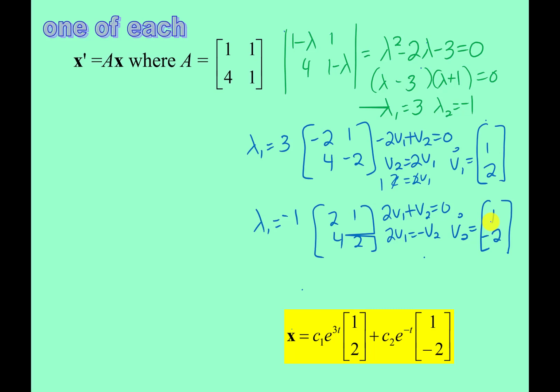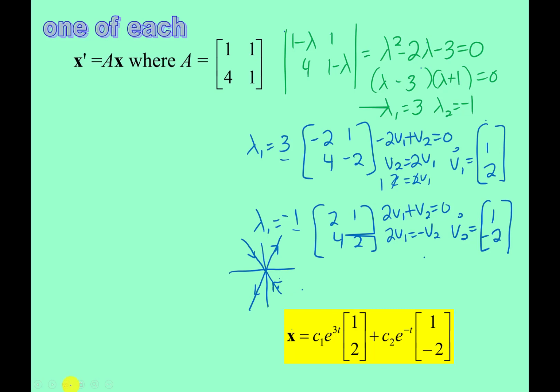And then if we look at what's going on with the eigenvectors, let's go ahead and make a quick sketch. The first one is 1, 2, and we put it like this, and that corresponds with a positive eigenvalue, so I'm going to make the arrows go out. The second one is 1, negative 2, so something like this, and that eigenvalue is negative, so that one wants to go in.